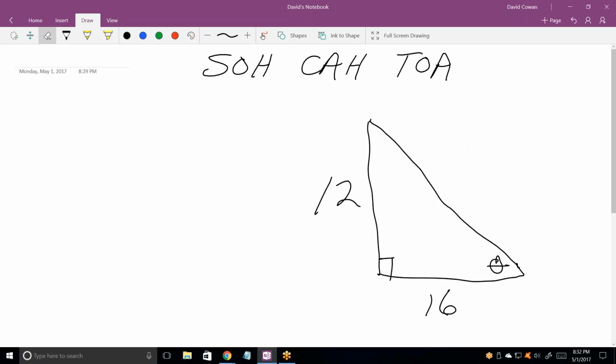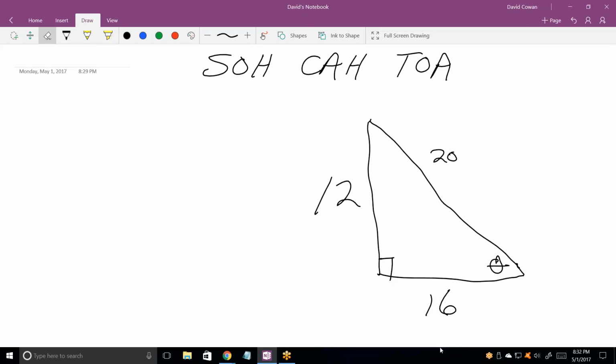Or you can do it the easy way, which is to recognize that we're looking at a 3, 4, 5 right triangle, or are we? Yeah, we are. Everything is 4 times bigger than a 3, 4, 5 right triangle. So that makes it 20. That saves quite a bit of time and doesn't require a calculator.